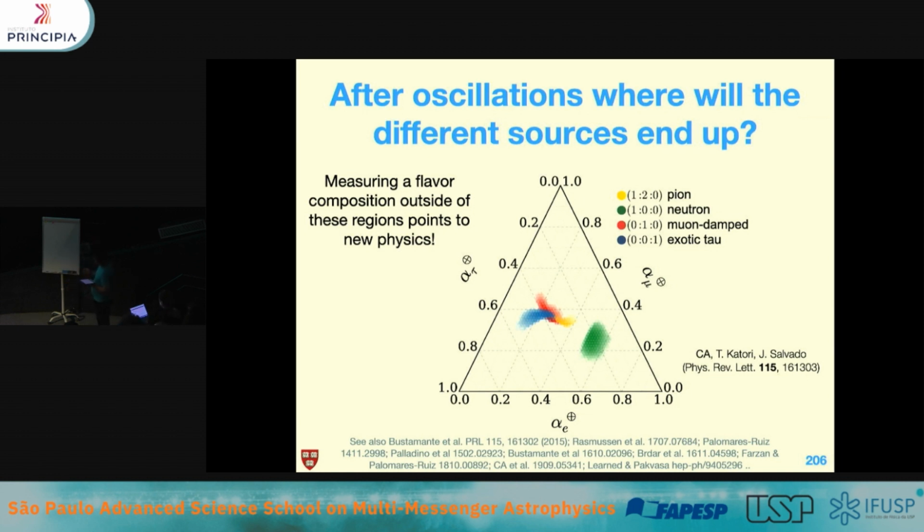This is using constraints from several years ago. What you can see is that you are only allowed to be in this region and these regions, and if you take linear combinations of these contributions, they allow you to be only in this central part here. That means that if you end up in any of the white space here, you must have found new physics.